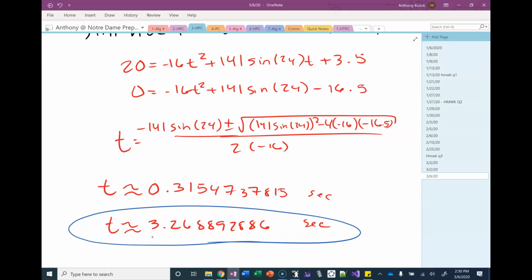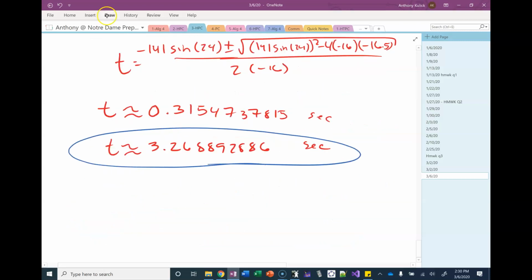The time when the ball is 20 feet above the ground. So you have one time right as soon as you hit it on the way up, and then you have another time on the way back down, right? That's why you're getting two answers here. If you want to place the fence as far away as possible, you want when the ball's on the way back down, right? That's much further away than when it's on the way up. You guys agree with that? Okay. So this is the answer that I want.